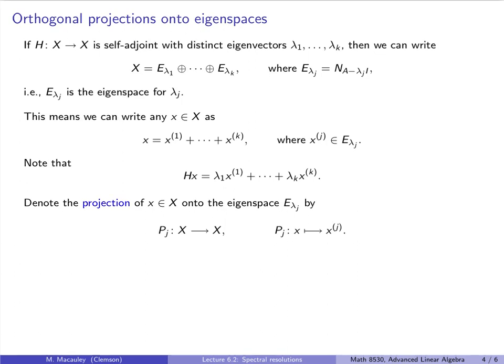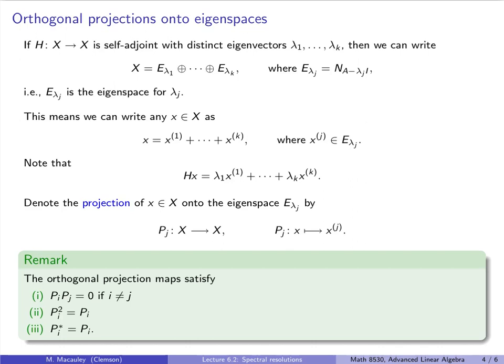For the remainder of this lecture, I will denote the projection of X onto the eigenspace E lambda j by Pj. So Pj of x, which is a sum of eigenvectors, x1 up to xk, is just xj. So it just picks off the jth term of the sum.